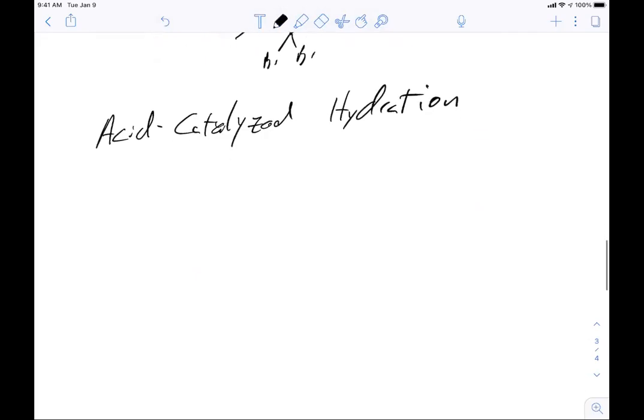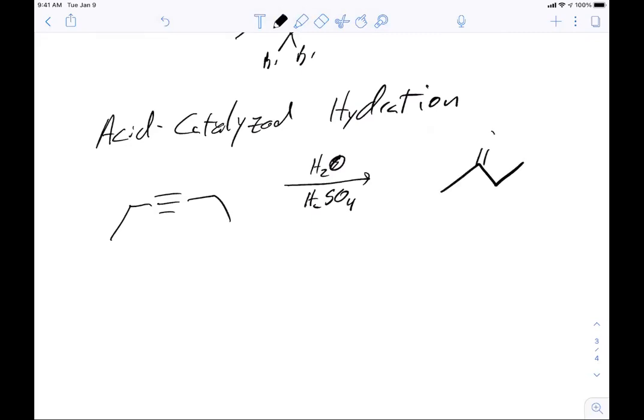Okay, so if we look at acid catalyzed hydration of the alkyne, here we have 2 different sets of reagents.